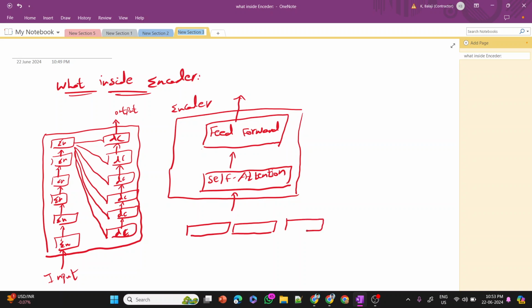It only understands numbers. So we convert the words into numbers by using some embedding technique.